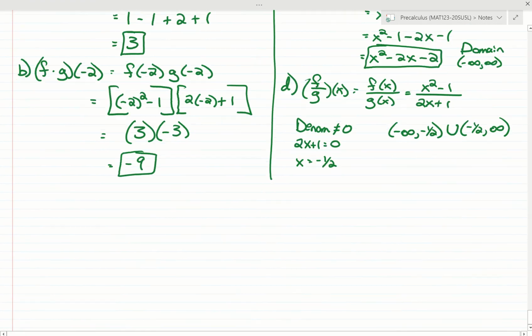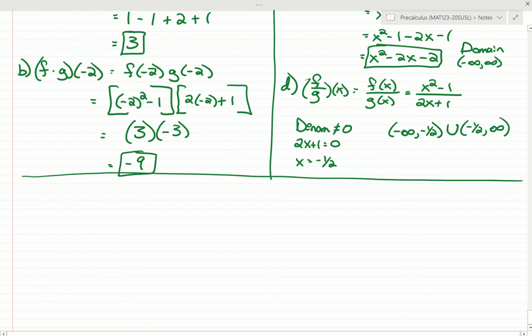All right, and let's go to E. What if I asked you what's f of g of negative 2? f of x is x squared minus 1, and g of x was 2x plus 1.